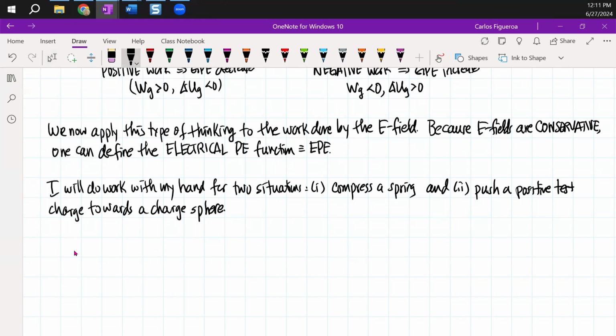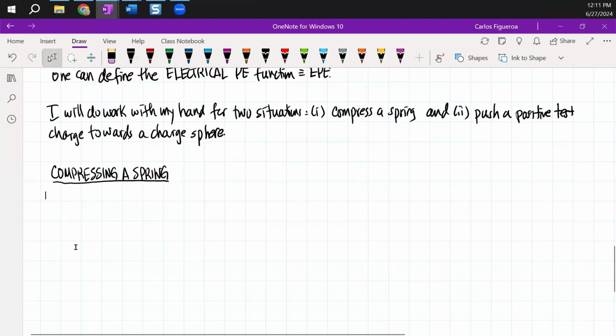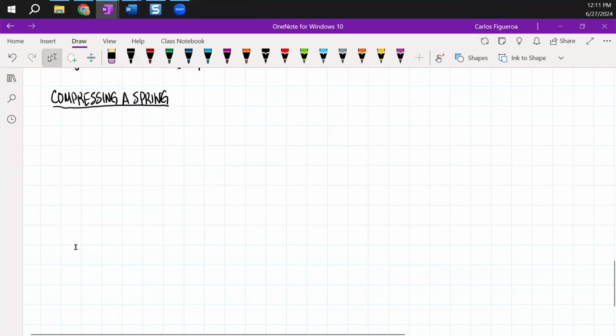So let's talk about compressing a spring. Imagine that I have a box or a mass, and it's going to be attached to a spring.